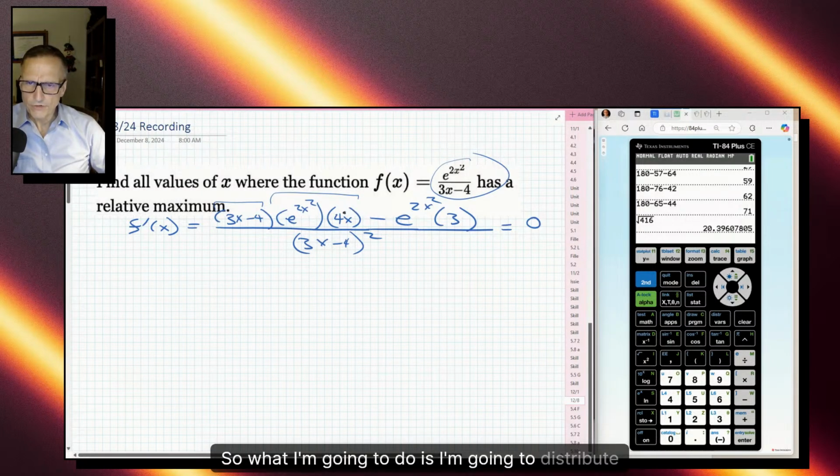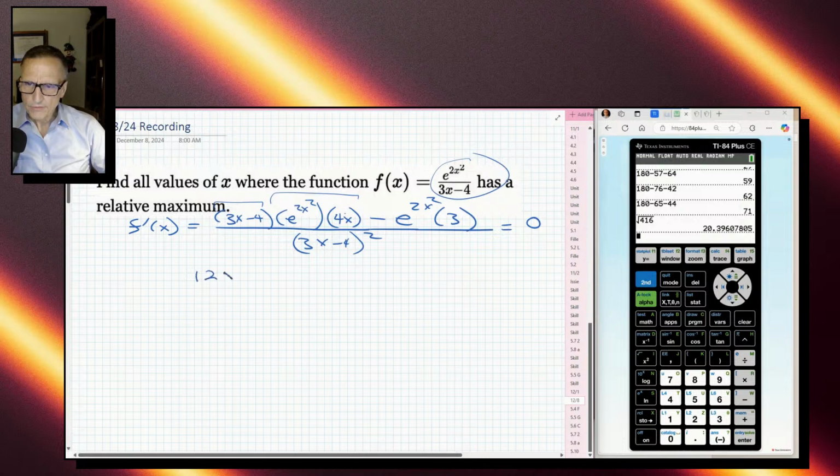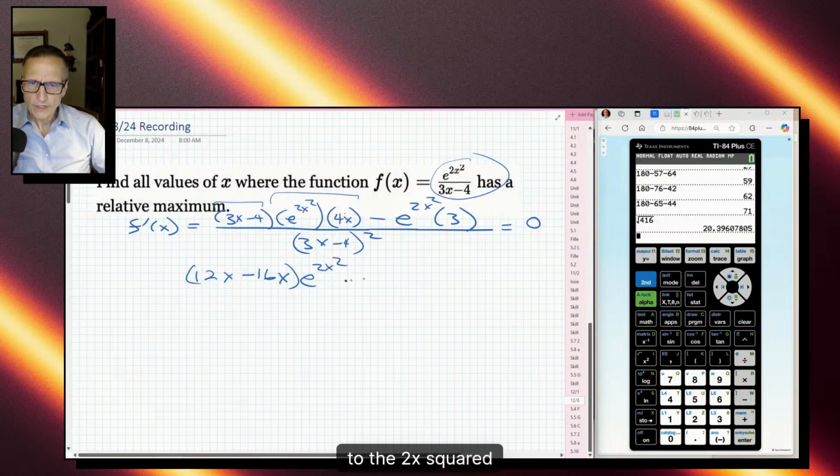So what I'm going to do is distribute the 4x through the parentheses here. So that would be 12x squared minus 16x, and that is times e to the 2x squared, minus 3 times e to the 2x squared.